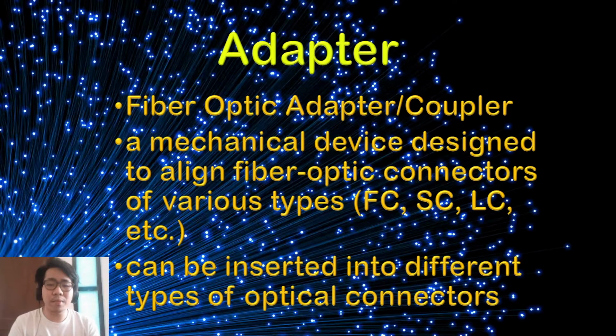It can be inserted into different types of optical connectors. For example, one side of the adapter is compatible with FC and the other side is compatible with SC. We will see that later.